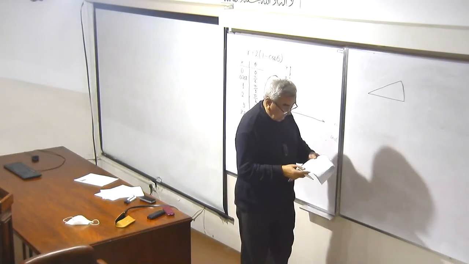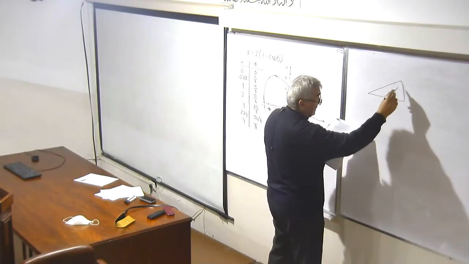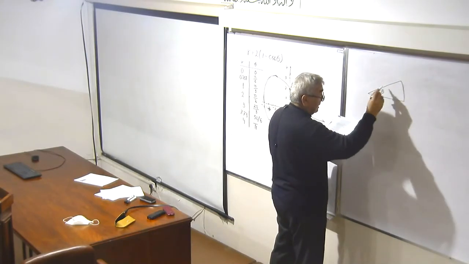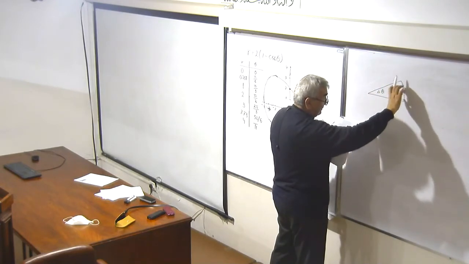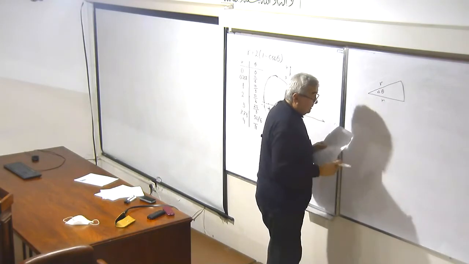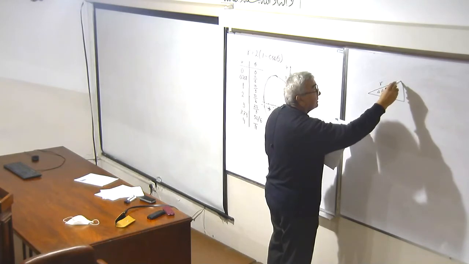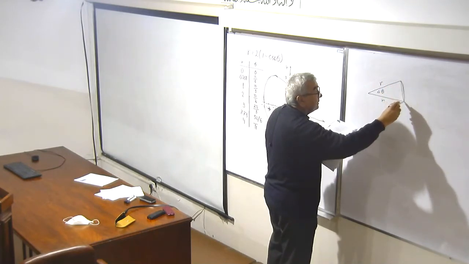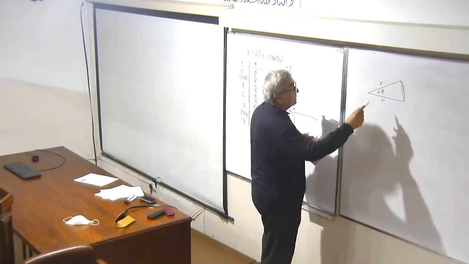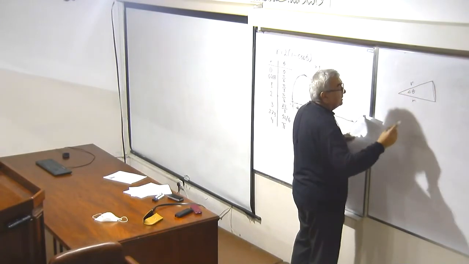If the angle is small enough, this angle, delta t, then because the angle is small, here is the r and here is the r. This arc should be approximately equal to this segment. So I receive this triangle where two sides are the same.